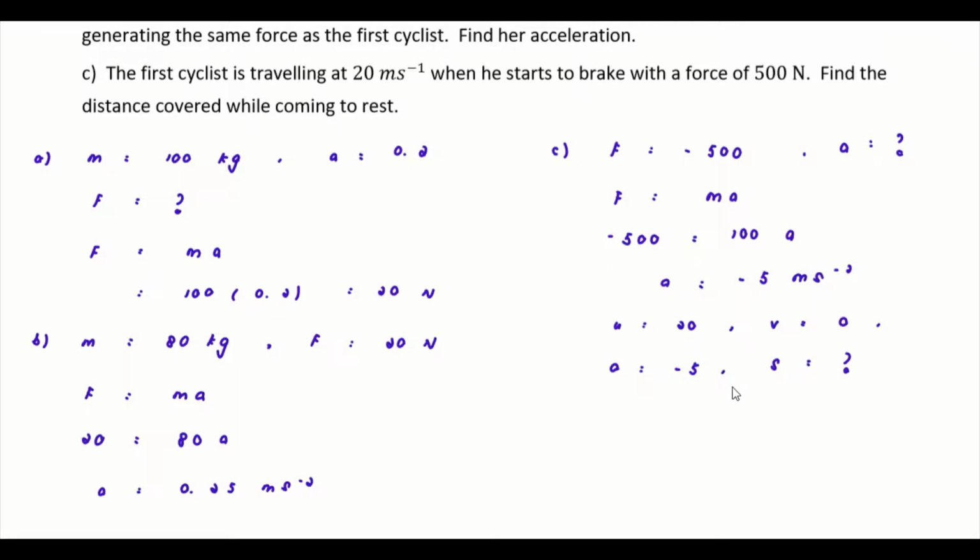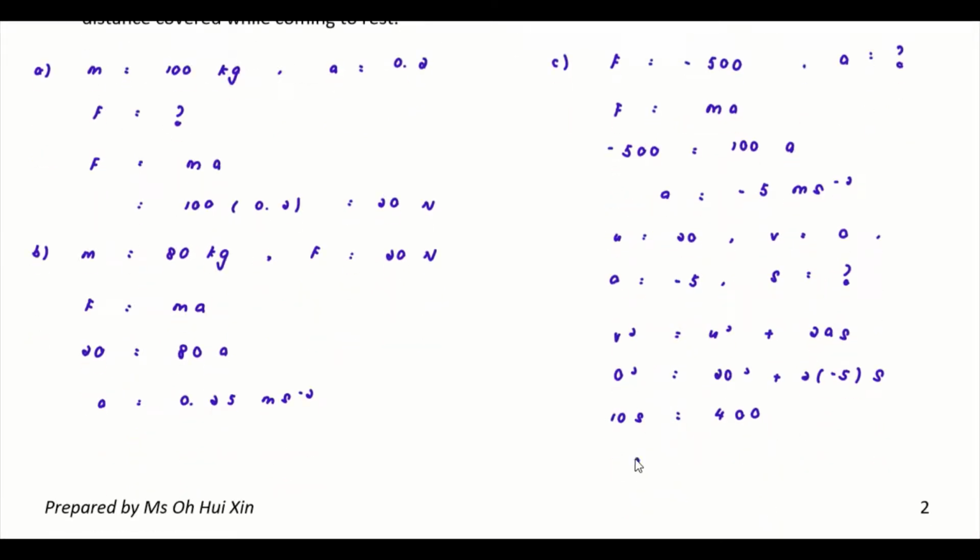For U, V, A, and S, we use V square equal to U square plus 2AS. Just substitute the values: 0 square equal to 20 square plus 2AS. From here I get 10S equal to 400, so S will be equal to 40 meter.